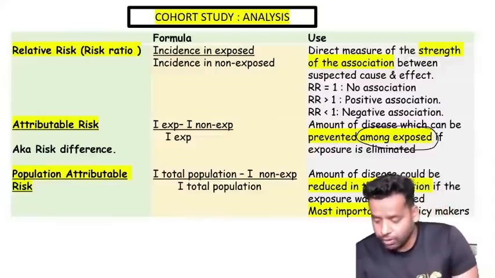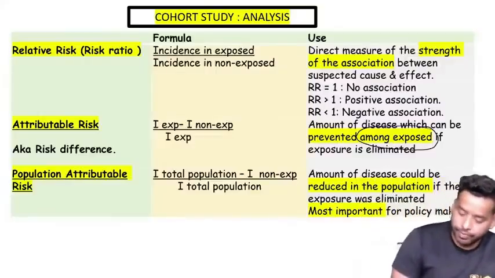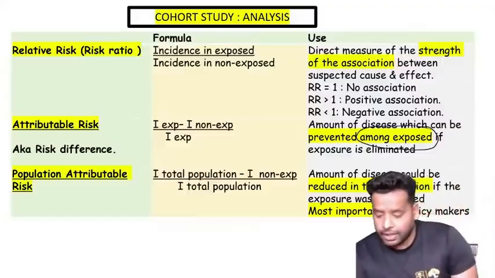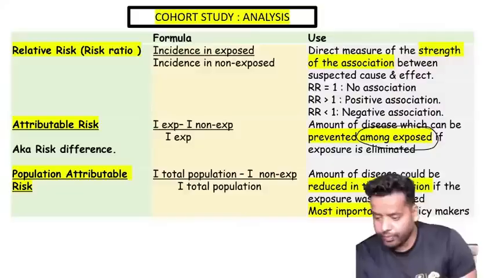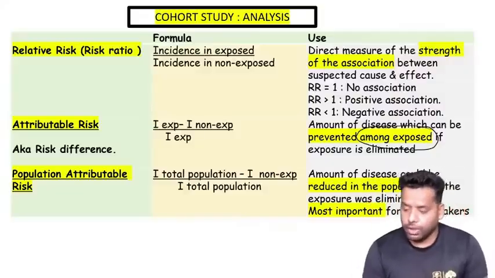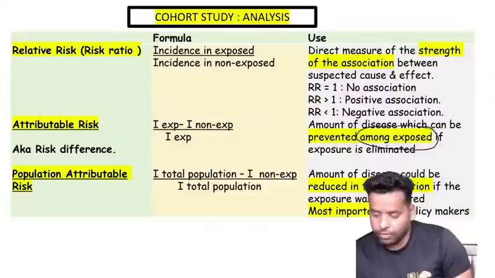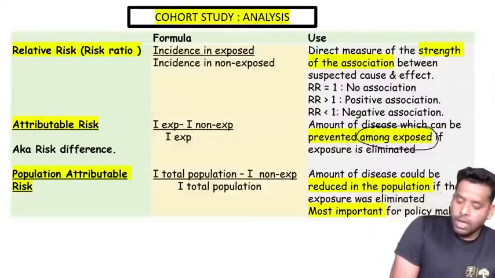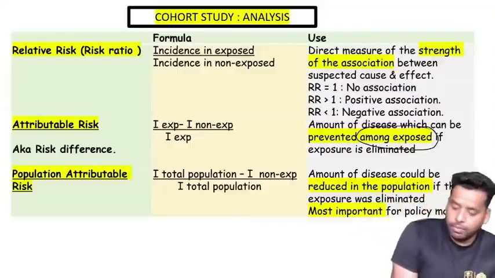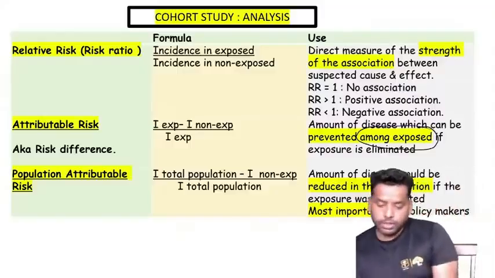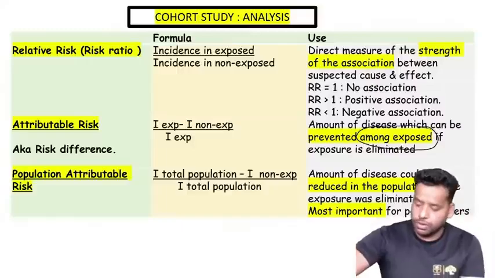True statement, yes. So attributable risk can indicate preventable component among exposed group, true or false?